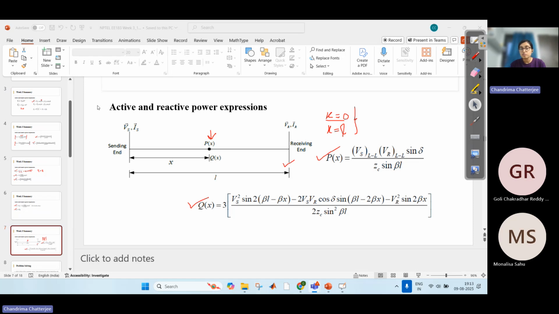But if you remember, all this expression has been calculated taking the reference over here. So this x distance is from the sending end. So as the length is 800 kilometer, from sending end the distance would be 600 kilometer, right? So everywhere you have to substitute the x value by 600 kilometer, and then you will have to find out what is the Qx.